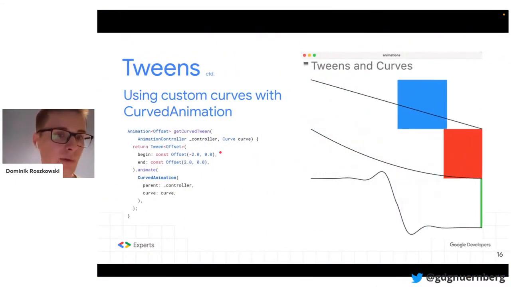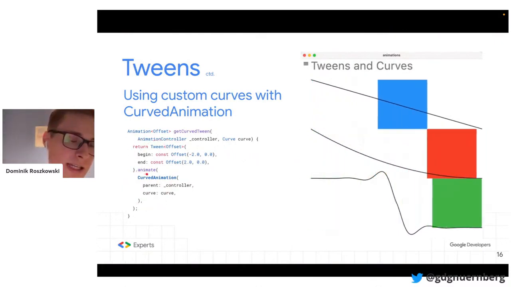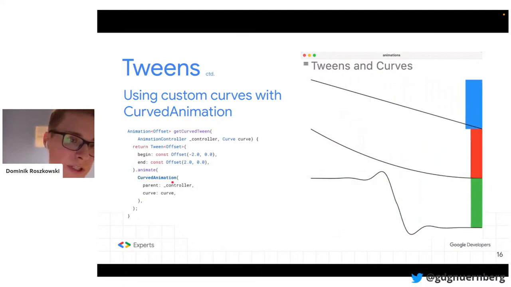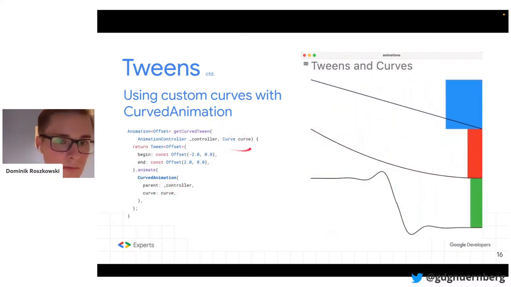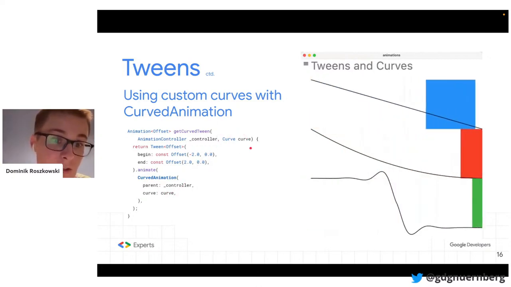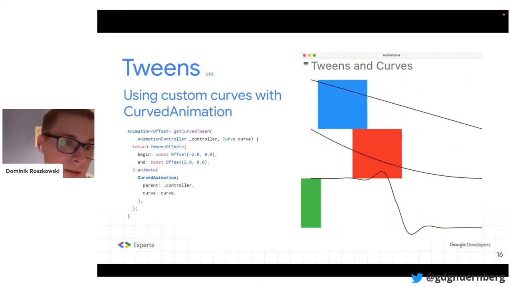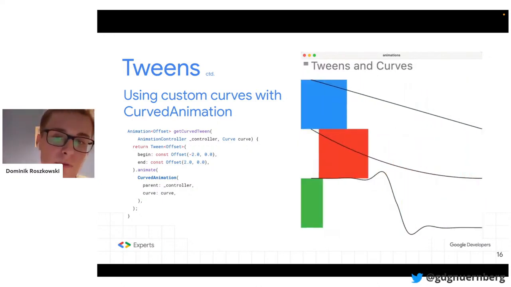Like here, you can see one simple case where we have a tween class, and then we animate this with a curve animation, and we just apply some curve that we passed in. This curve can be any curve. There are some built into Flutter, but you can, for instance, get the curve definition from your designer, and you just put in some points, and you have a curve that will describe how the movement looks.